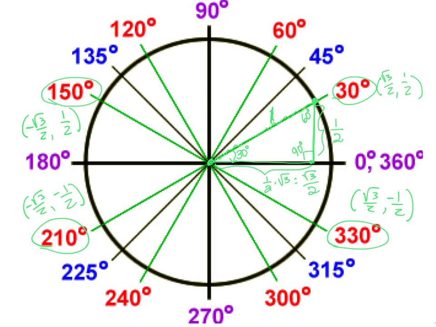So just by using symmetry, we can take the 30-degree information and apply it and find 3 other angles. Each of these angles, as you see, is 30 degrees from the x-axis. We'll just notice that similarity for right now.